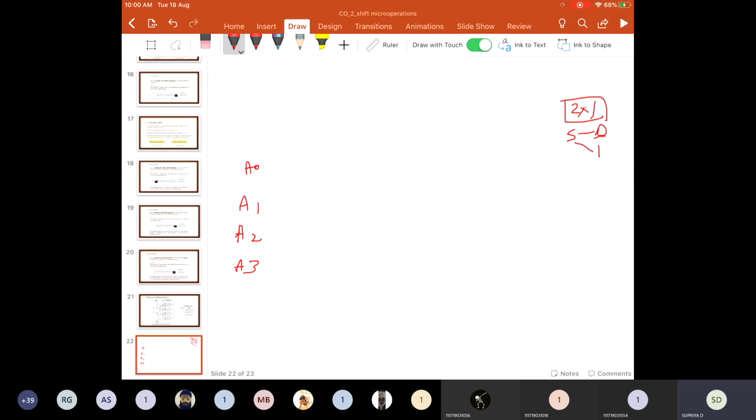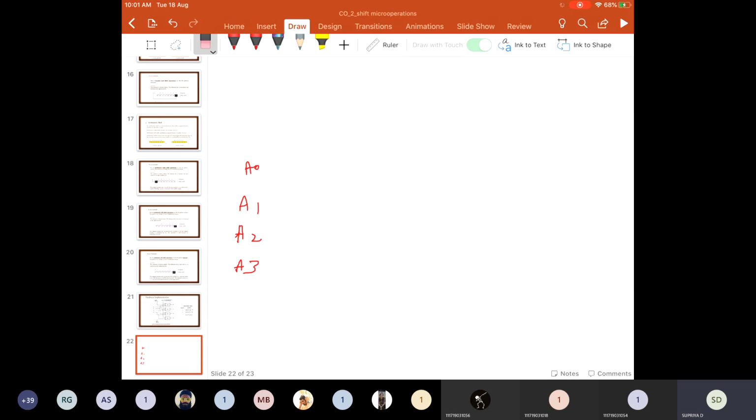When it is 0, I'll get a different output from the multiplexer, and when this select line is 1, I'm expecting a different output. So I'm choosing to perform shift right operation when s equals 0 and shift left operation when s equals 1.